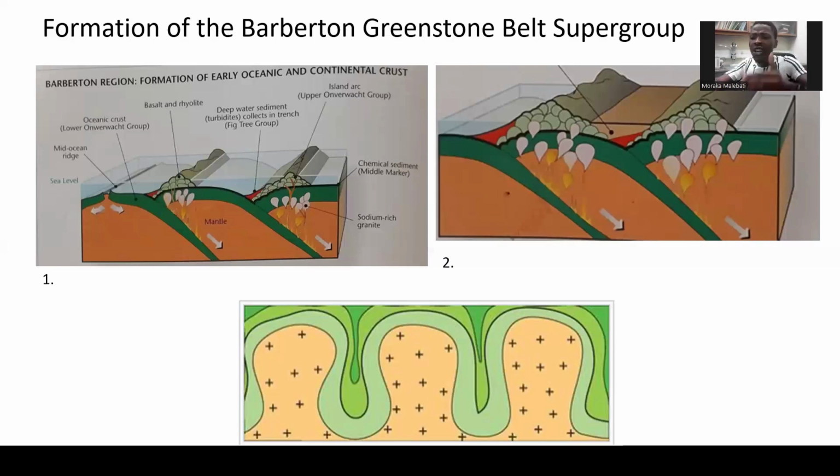Now, collision of island arcs resulted in what we call amalgamation and crustal thickening, forming the first microcontinents.